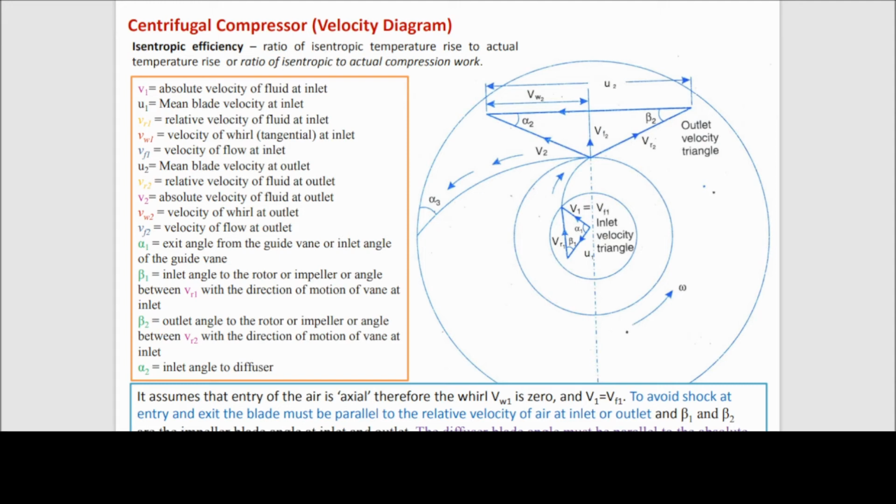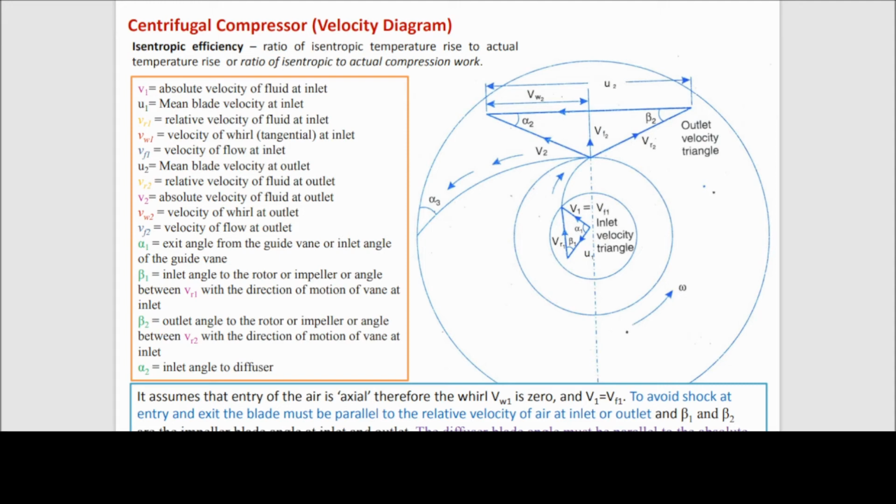Now see, V2 is resolved into two components. One is in this direction, which is called the flow velocity Vf2, and the other one is in this direction, Vw2.